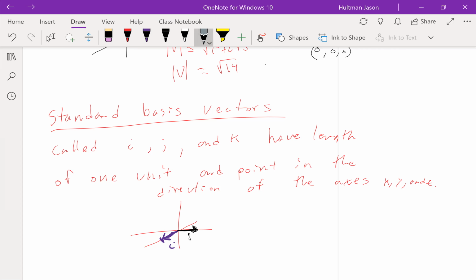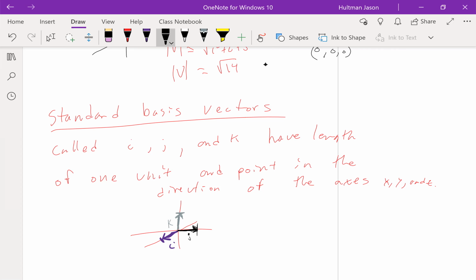Okay, K is 1 unit up. That's K. They're each 1 unit in length. And they're called the standard basis vectors because we can multiply any of these standard basis vectors by a number, and it gives me that vector in the direction of these guys.